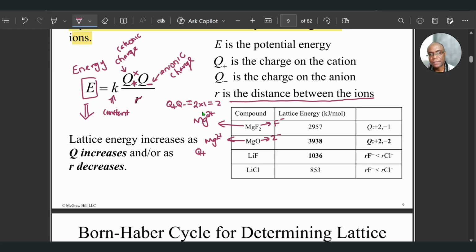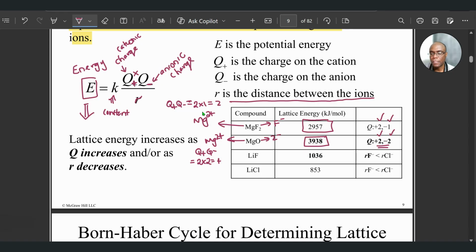So Q plus times Q minus is going to be equal to 2 times 2, which is 4. And that is the reason why magnesium oxide will have a stronger lattice energy that holds the cation and anion together than magnesium fluoride, because the charges involved are bigger in MgO than in MgF2. It's 2 plus for Mg and minus 1 for fluorine, versus 2 plus for Mg and minus 2 for oxygen.